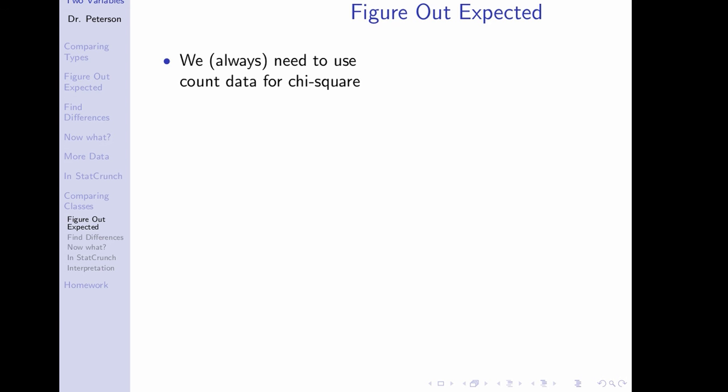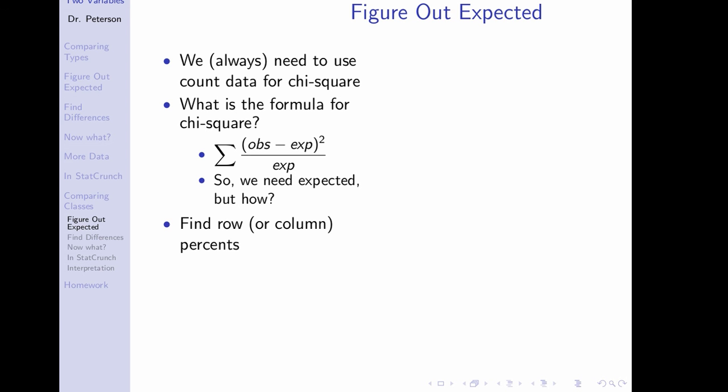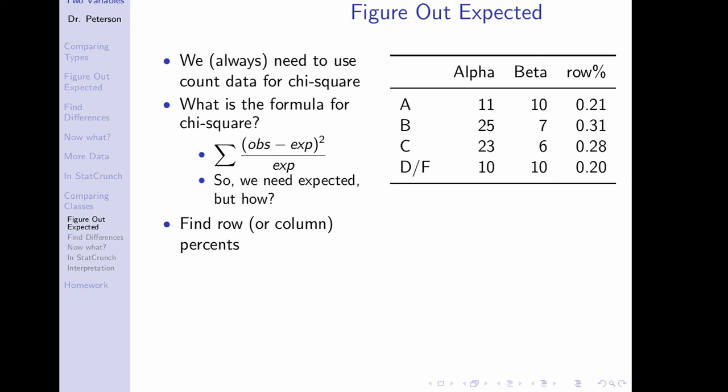So we first need to figure out the expected. We find the row or column percents, just like we did in our previous example. Here we have the row percents: 21% of the students altogether got A's, 31% got B's, 28% C's, and 20% D's or F's.